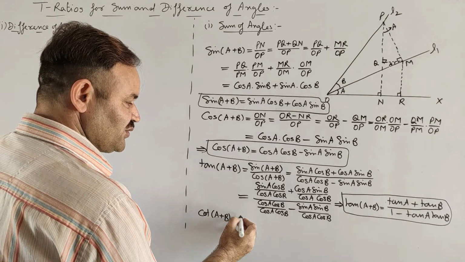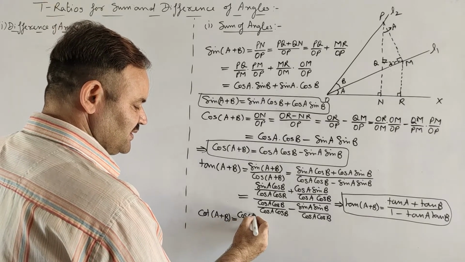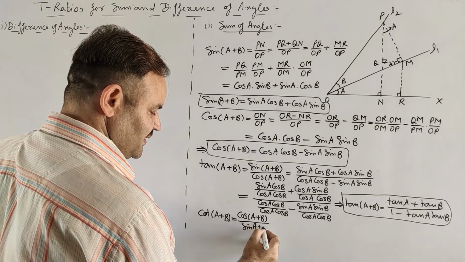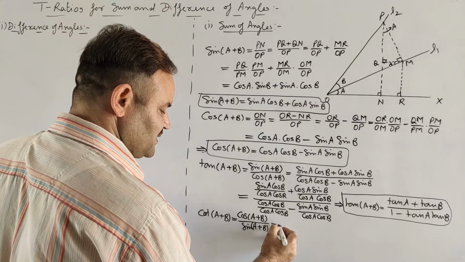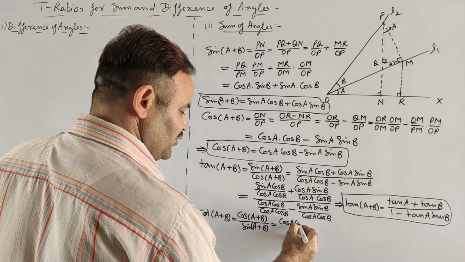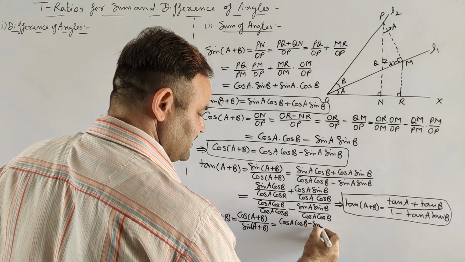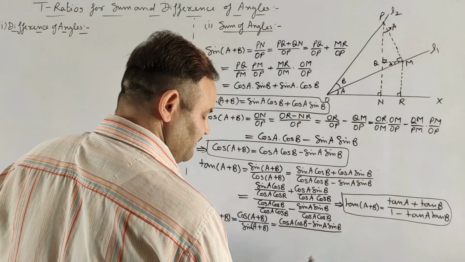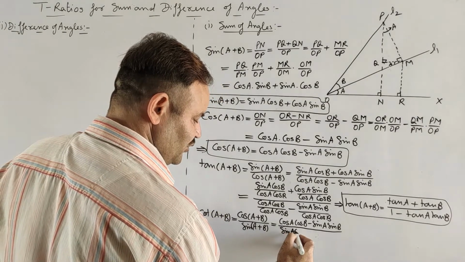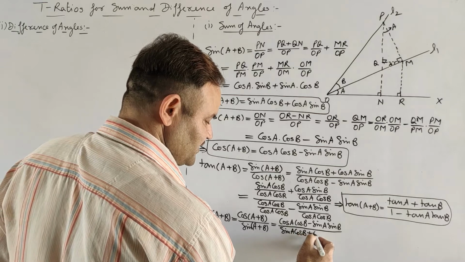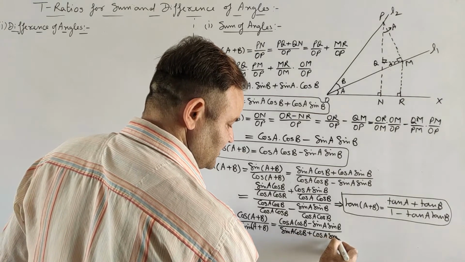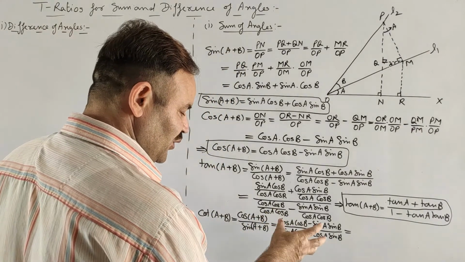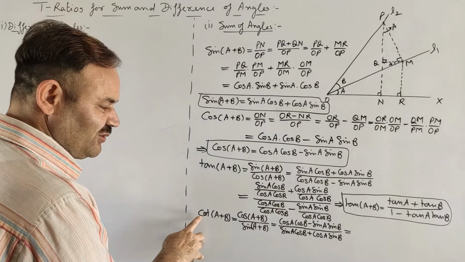Cot A plus B means cos A plus B upon sin A plus B, and cos A plus B will be cos A cos B minus sin A sin B divided by sin A cos B plus cos A sin B. And this time we would be trying to obtain the relation in terms of cot.